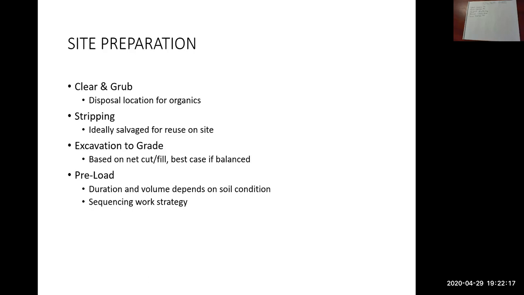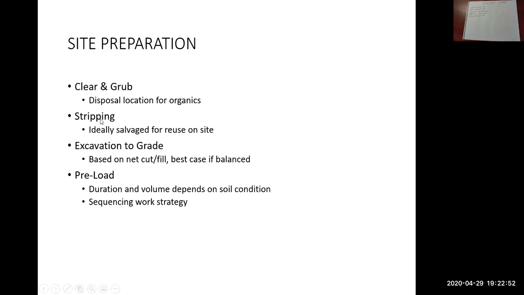After you've stripped the organics, the topsoil, what's below that is the grade that you want to possibly excavate. So silt, sand, rock, any of that type of stuff. Whether you're excavating, meaning cut, or filling, depends on the design of the road. So you always want to remove the stripping.